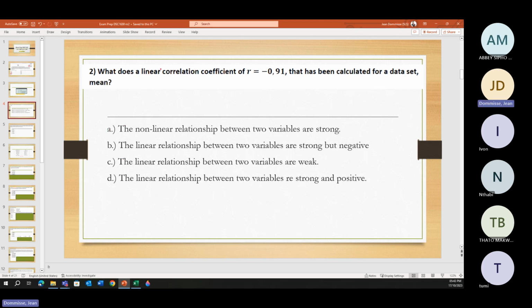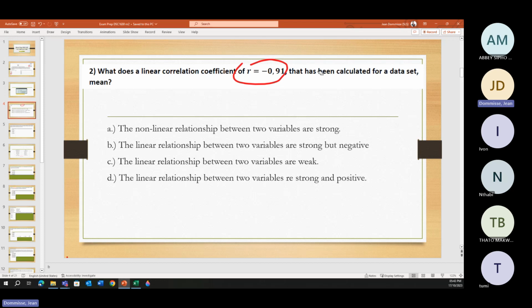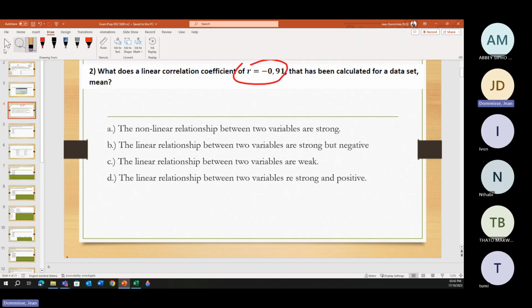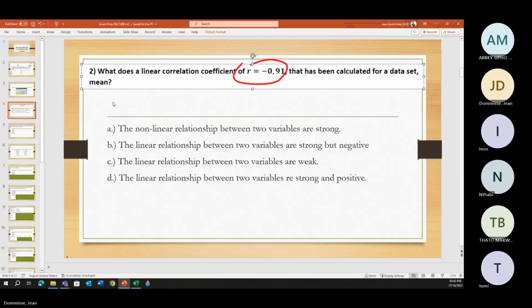So what would you guys have said for minus 0.91?